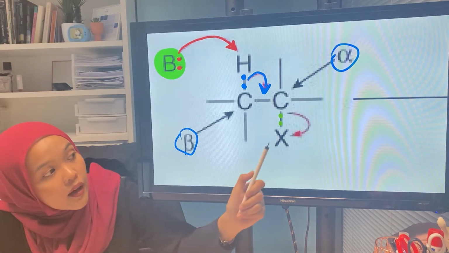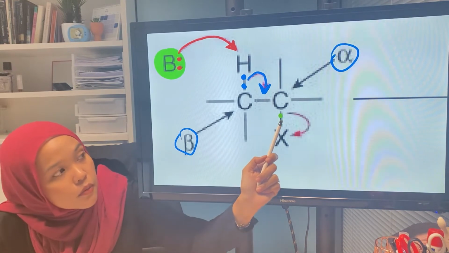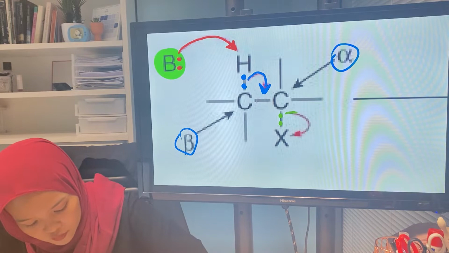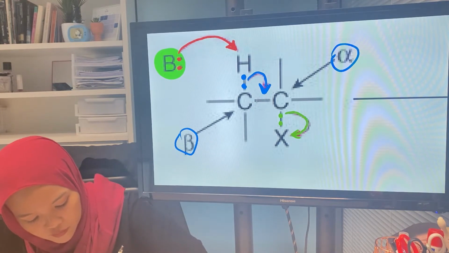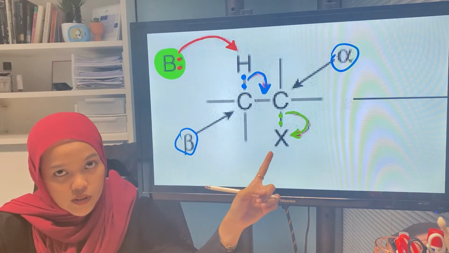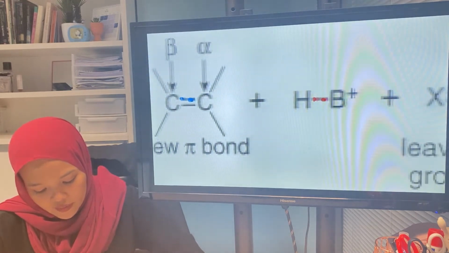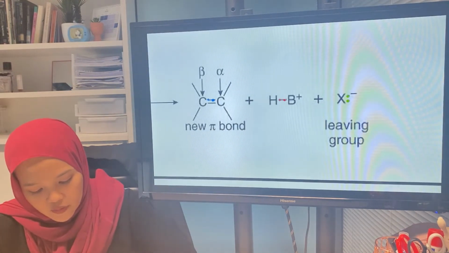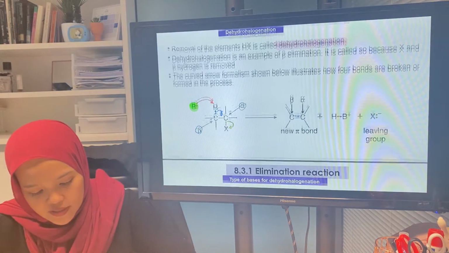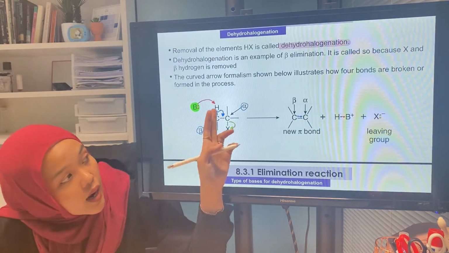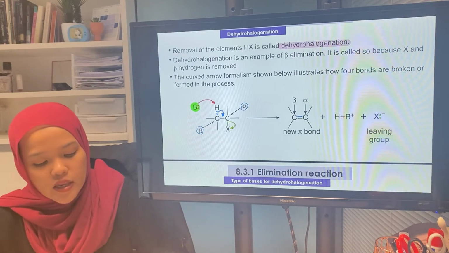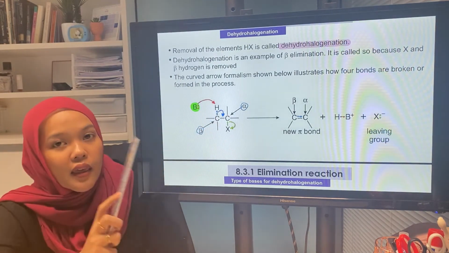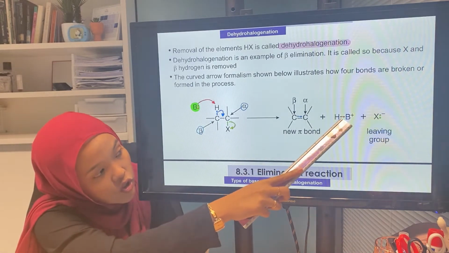The bond here is going to be broken, so the 2 electrons are going to be transferred to the halogen. That is why the halogen is going to have 2 extra electrons. Can you see where the electrons are being moved? It is from the base to the hydrogen. They make a bond between H and B.